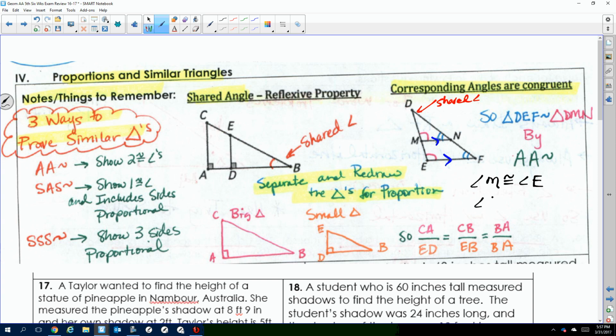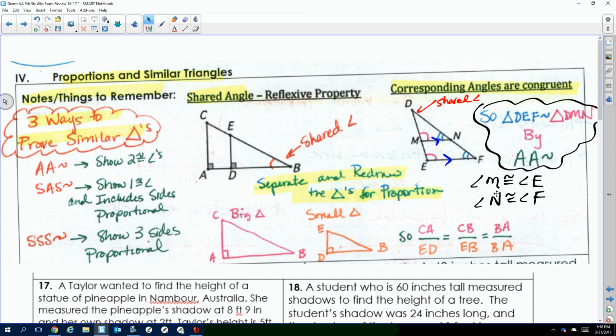And you could say angle N is congruent to angle F. And because they are congruent, now we can say what I have up here, which is that the triangles are similar by angle-angle.